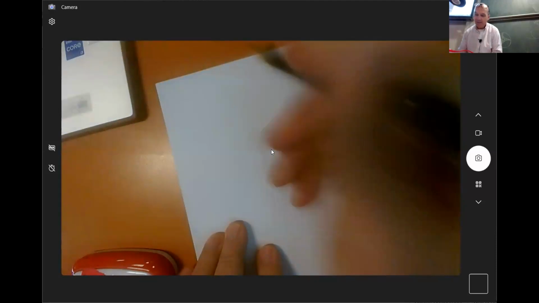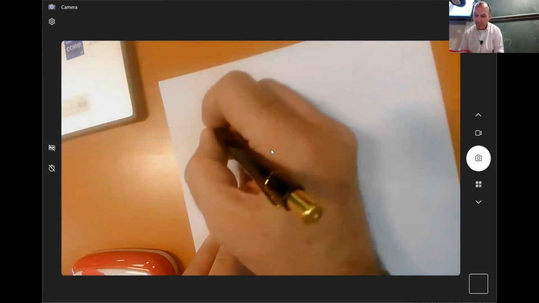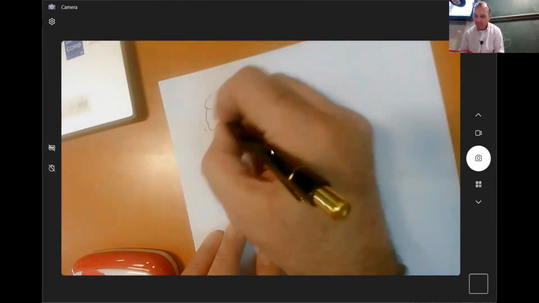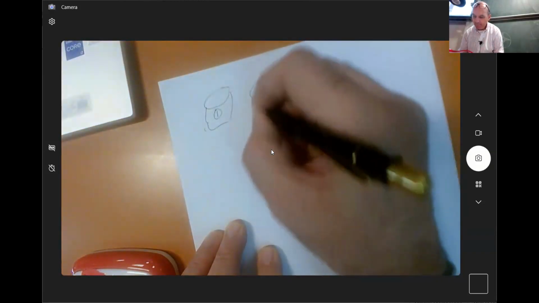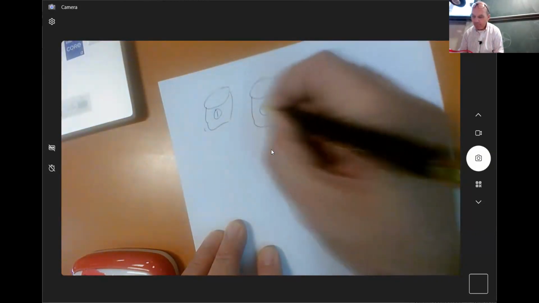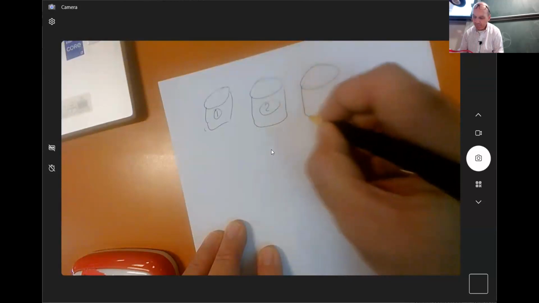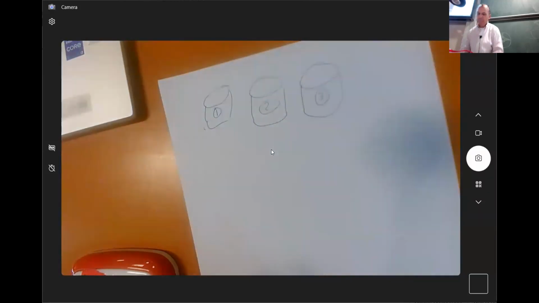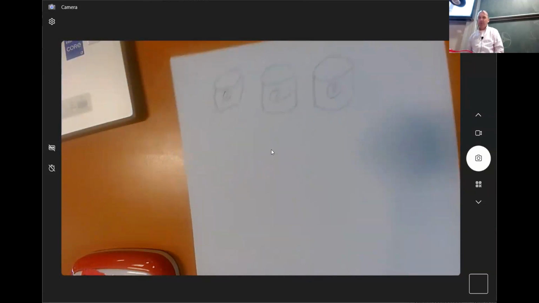If I have 50 marbles, so I have my 3 boxes and my 50 marbles. I'm not going to try and draw 50 marbles.